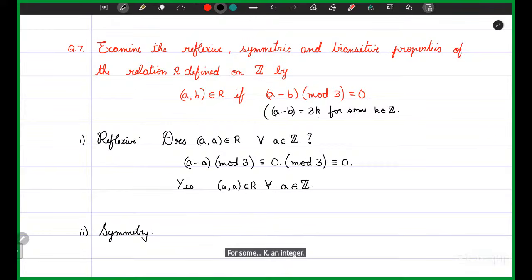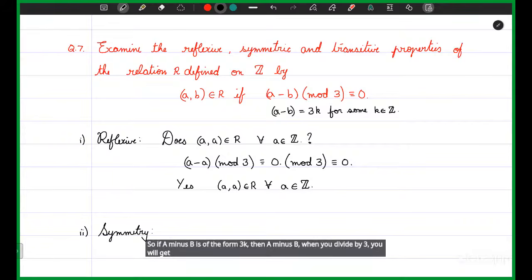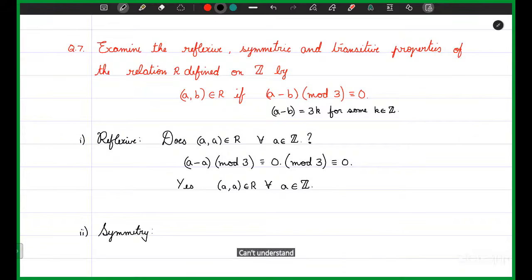Do you agree that this is an equivalent formulation of the relation? Yes, sir. So if a minus b is of the form 3k, then when you divide a minus b by 3, you will get k.